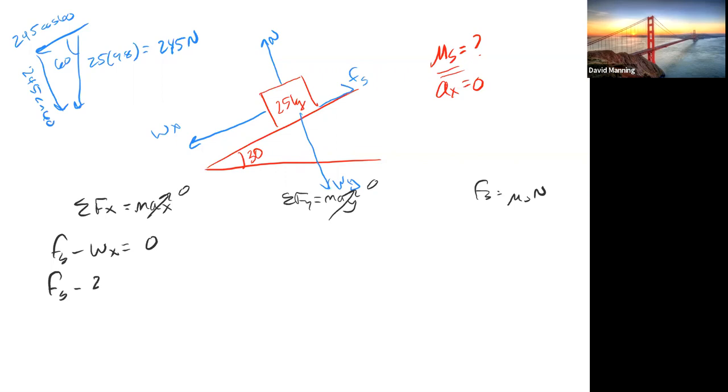Fs minus 245 cosine 60 equals 0. Fs equals 122.5.